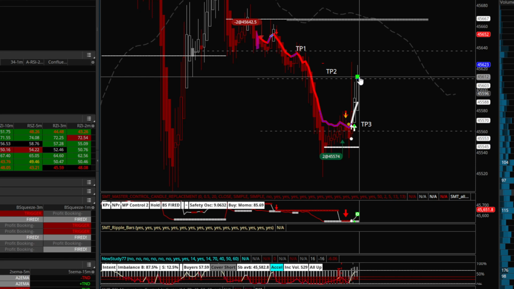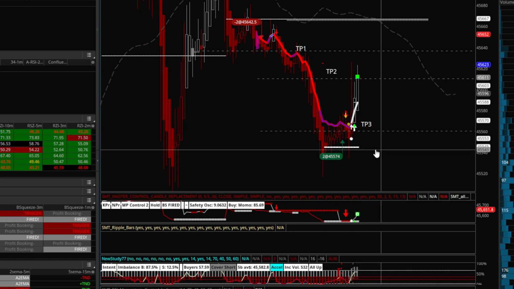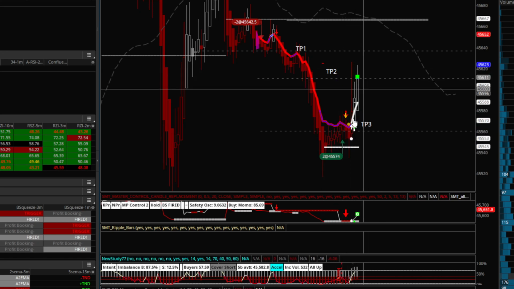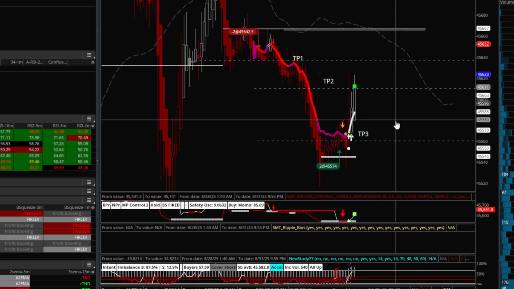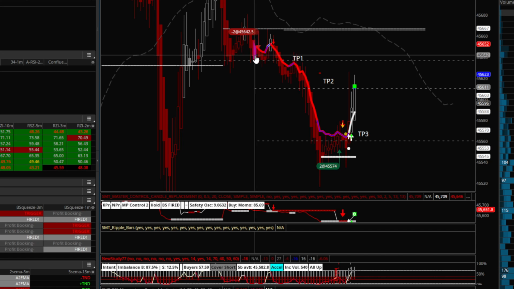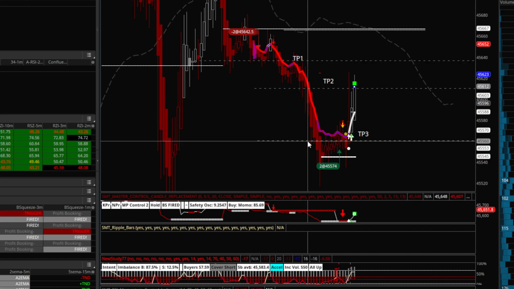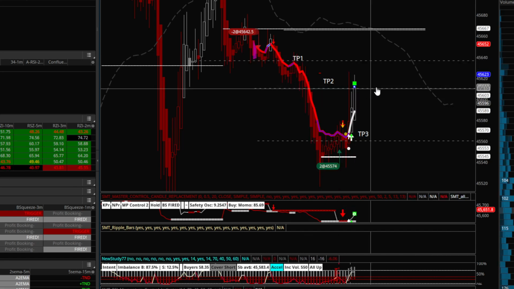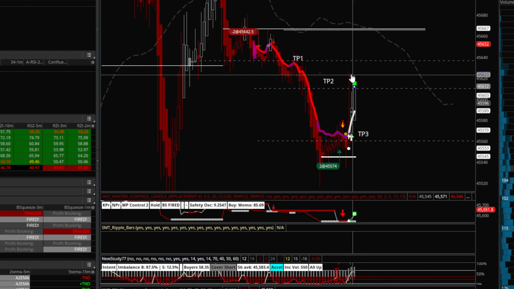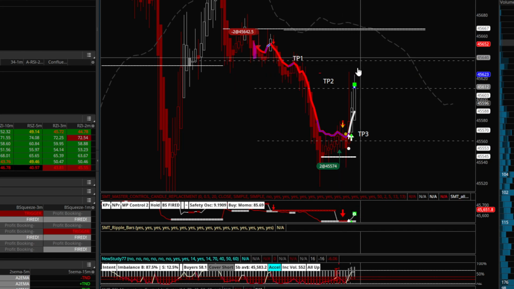Exactly, right back up to the penny to TP2. That would have also been a beautiful trade to the other side. I'm telling you, these levels hit every single day. It's very precise, like clockwork.